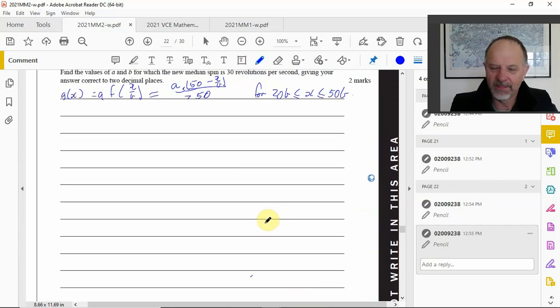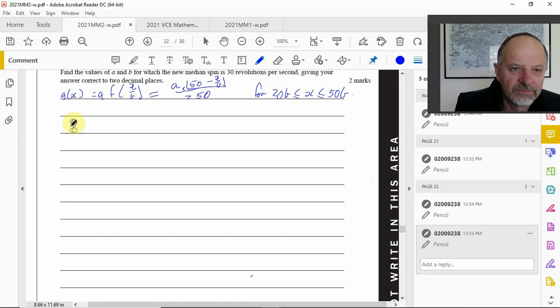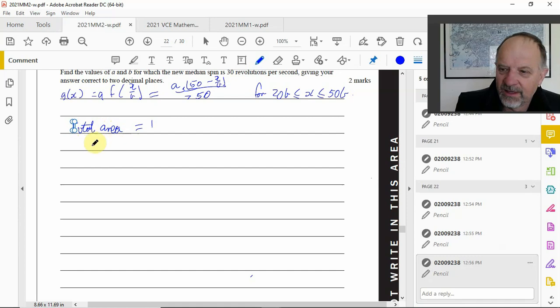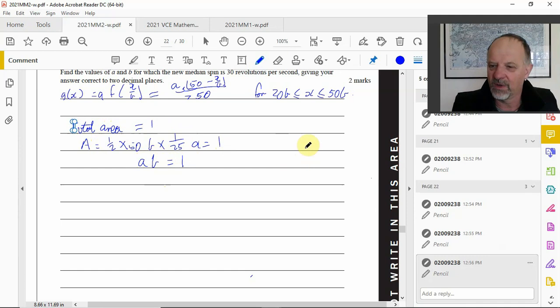So the total area is half times the base, which is 50b, times the height, which is 1 on 25a, and that equals 1. When you figure that out, you find that ab is equal to 1. So there we've got an equation.